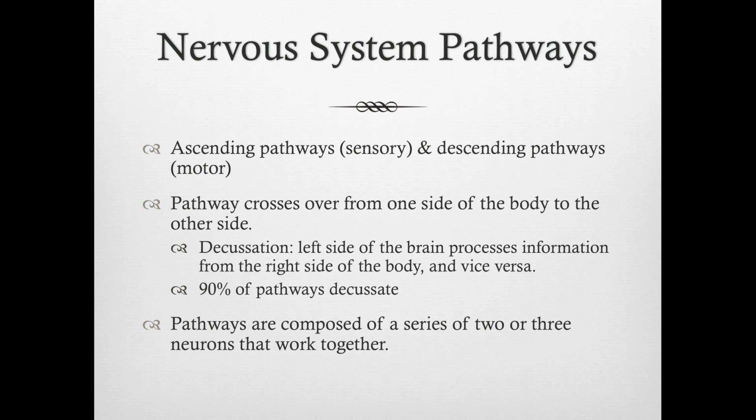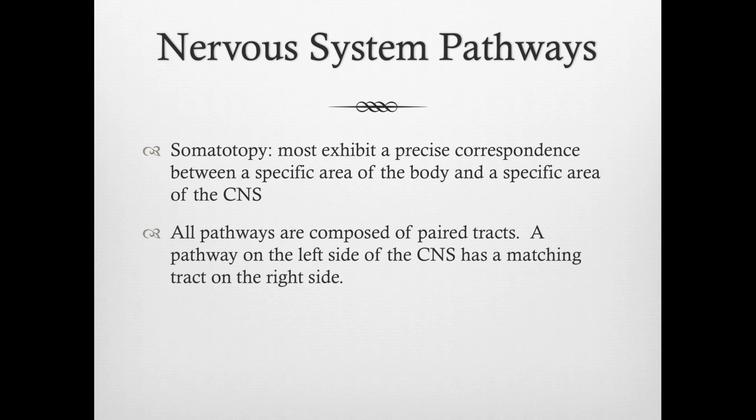Now, pathways themselves are composed of a series of 2 or 3 neurons that work together. So let's go through that. Now, when we talk about this, we have to link up this idea of somatotopy, which is where we have a precise correspondence between a specific area of the body and a specific area of the CNS.